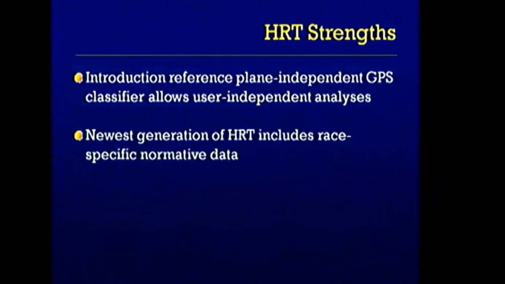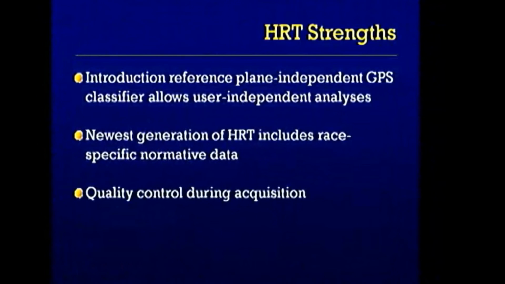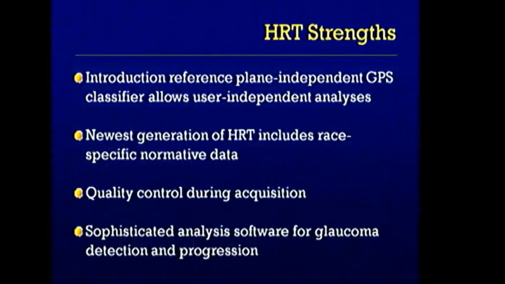So if you have normative data for white Caucasians and you scan an African American, they might be normal, but it comes up as abnormal on the output because you haven't got any African Americans in your normative data set who might have larger discs. So the newest generation of HRT included race-specific data, and it gives you some quality control feedback during acquisition.